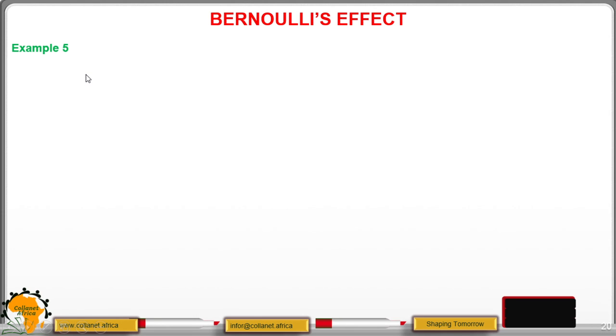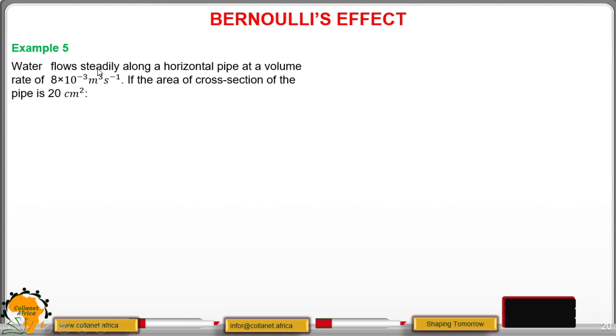Then we have another example. Water flows steadily along a horizontal pipe at a volume rate of 8 times 10 raised to power negative 3 cubic meters per second. The area of cross-section of the pipe is 20 square centimeters. A, calculate the velocity of the fluid.